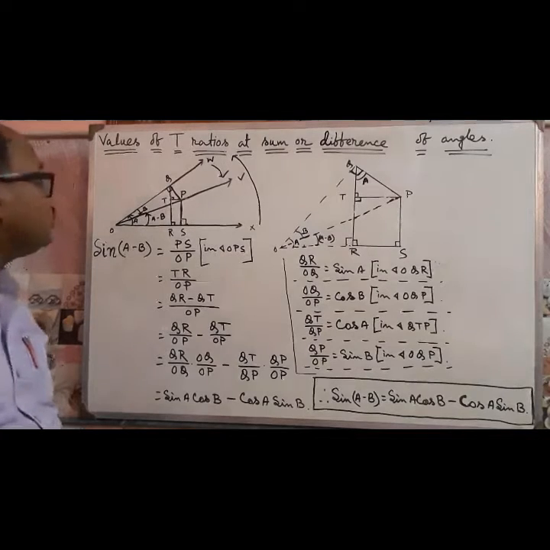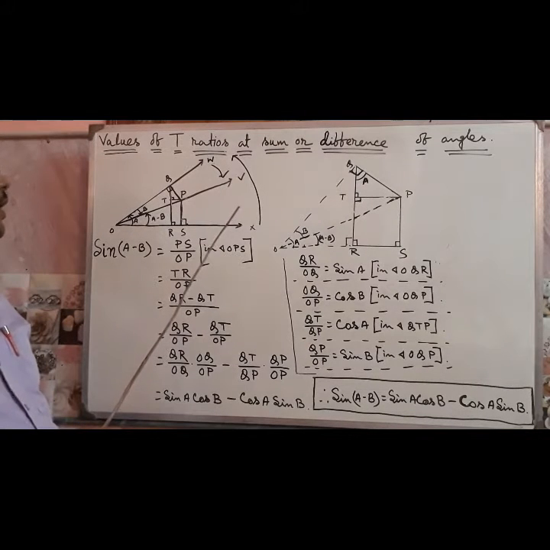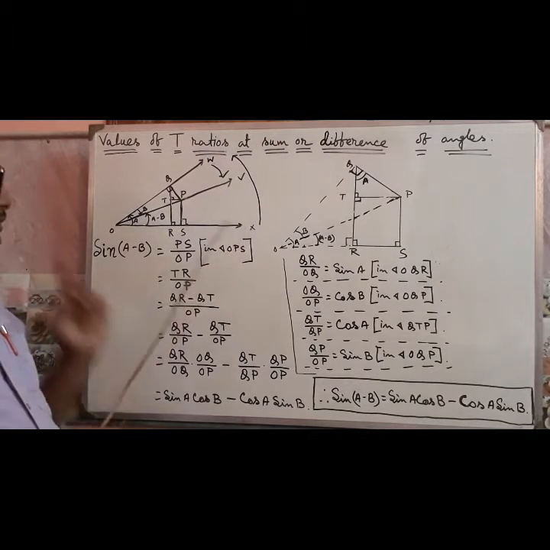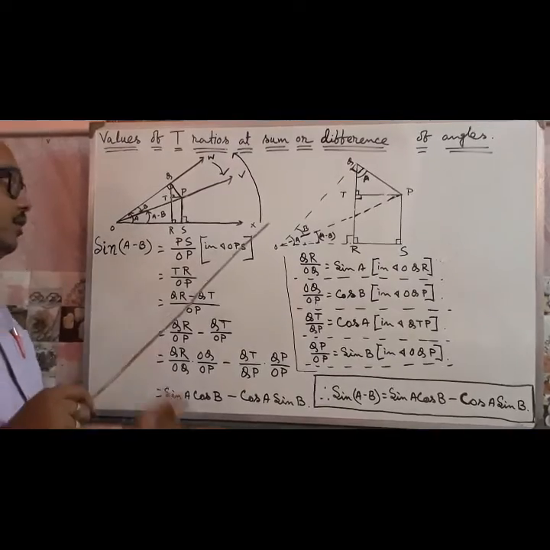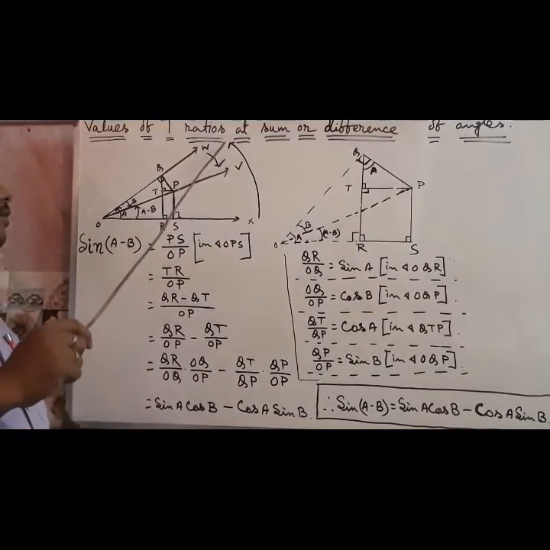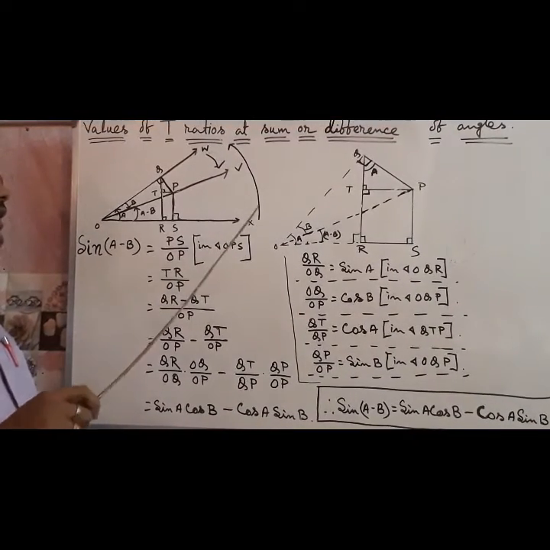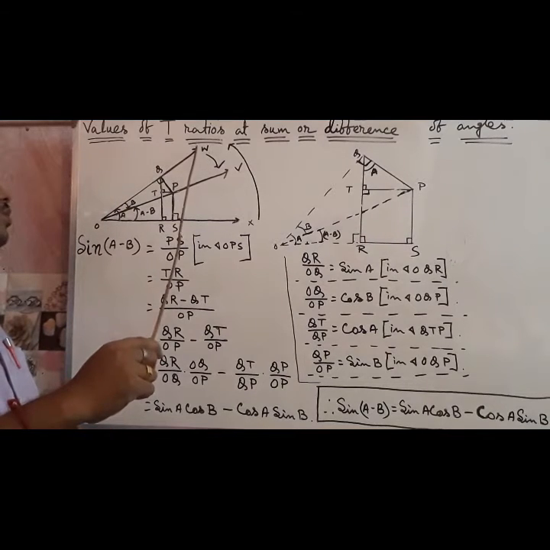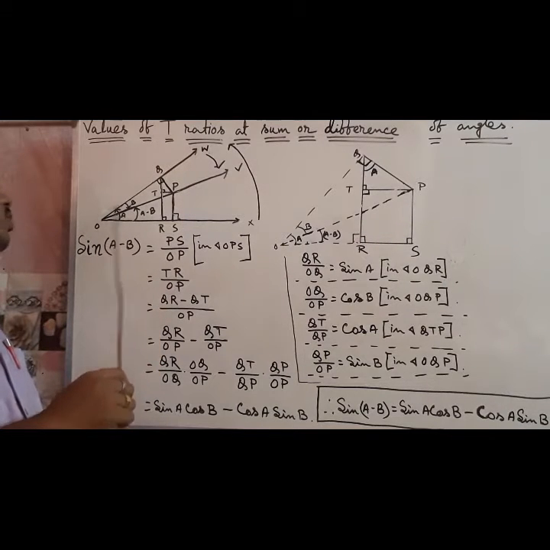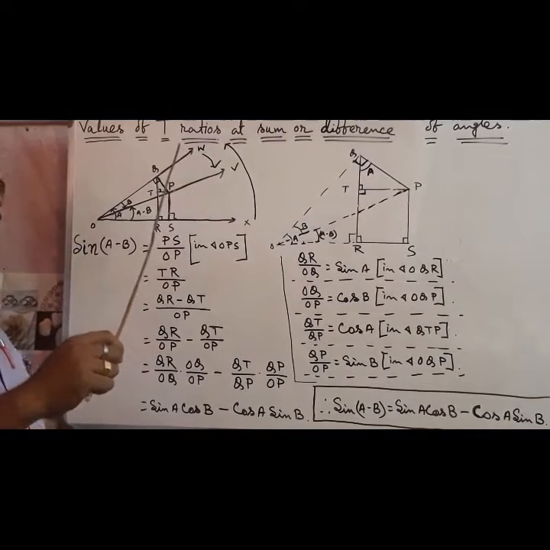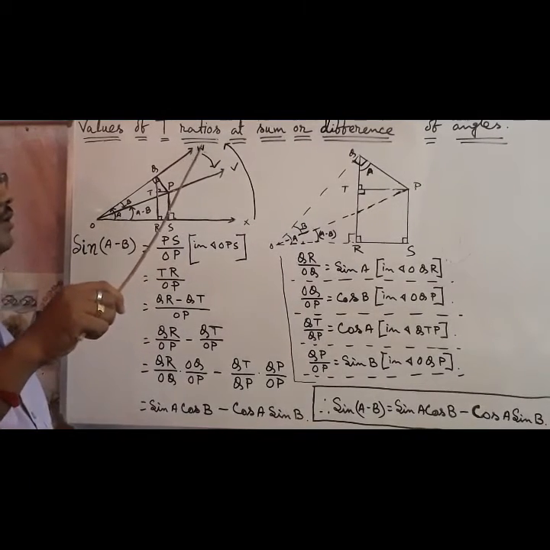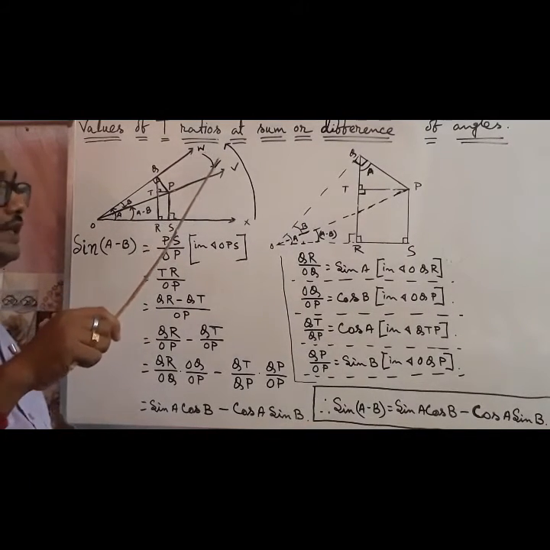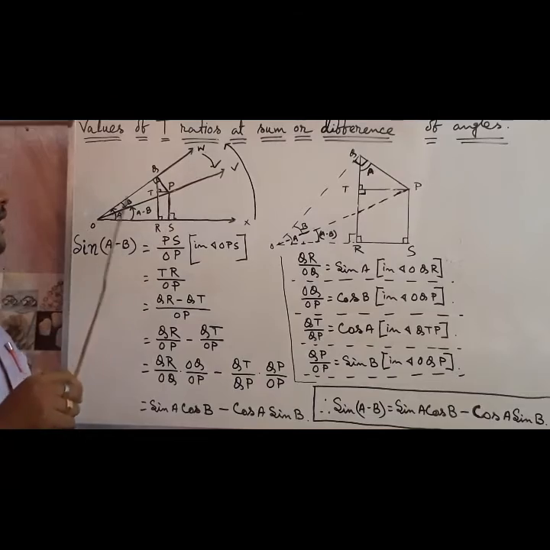Now the values of trigonometric ratios for the difference of the angles. At first this initial line rotates through the angle A in anti-clockwise direction and reaches W, that is OW is that position. After that it rotates in clockwise direction through the angle B. Then what is this angle?